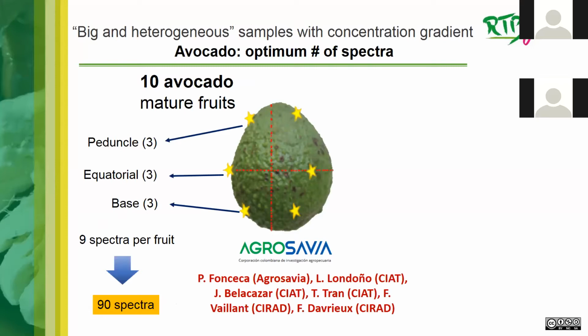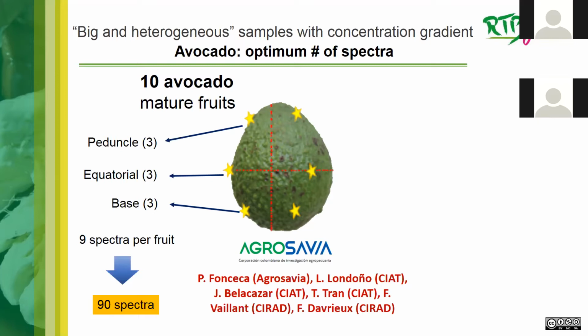The purpose of the experiment is to develop measurement of whole avocado fruits using NIR for dry matter and fat content determination, and to fix the minimum or optimum number of spectra per fruit to be representative of the fruit.